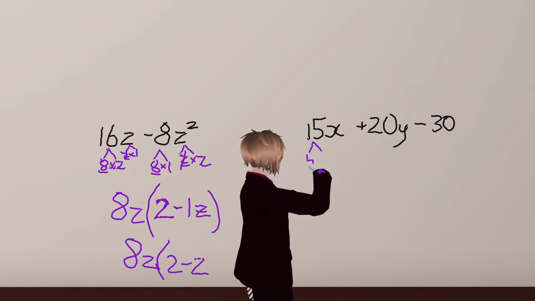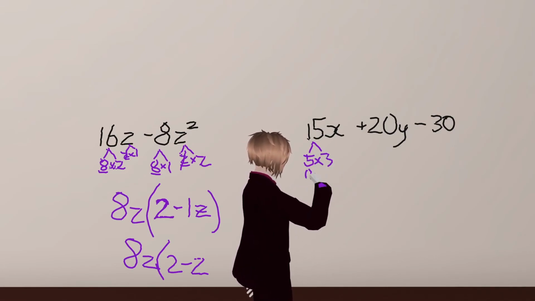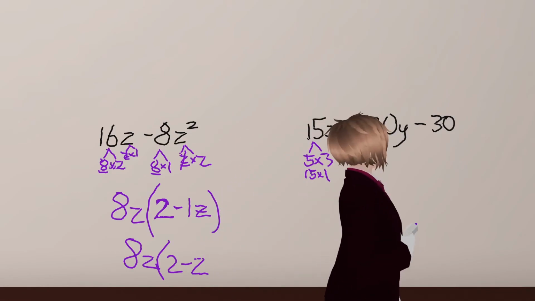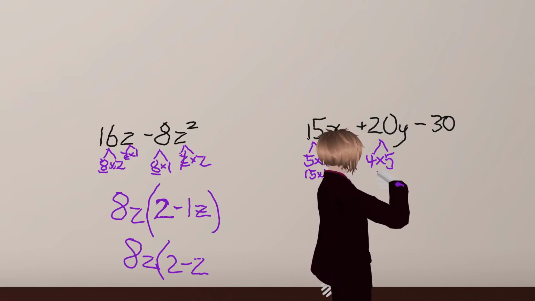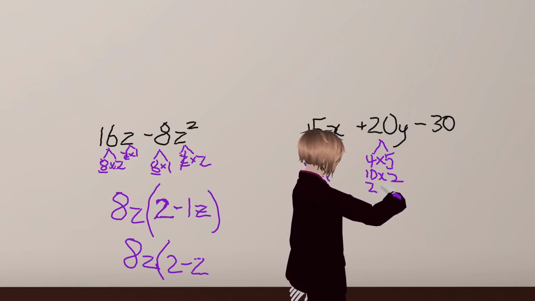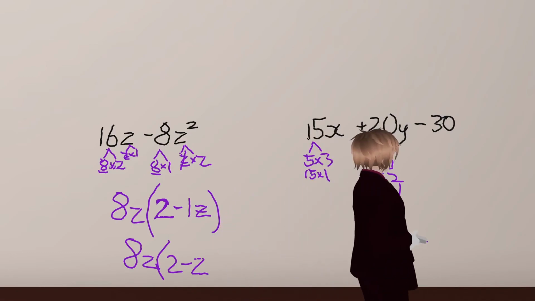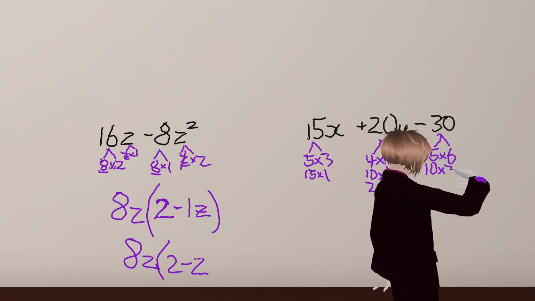So 15 is 5 times 3, and 15 times 1. 20 is 4 times 5, 10 times 2, and then 20 times 1. And then our 30 is 5 times 6, 10 times 3, 15 times 2.